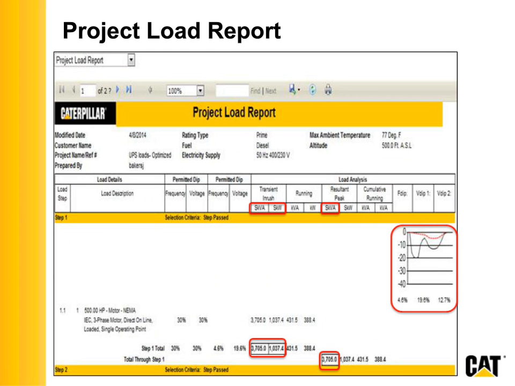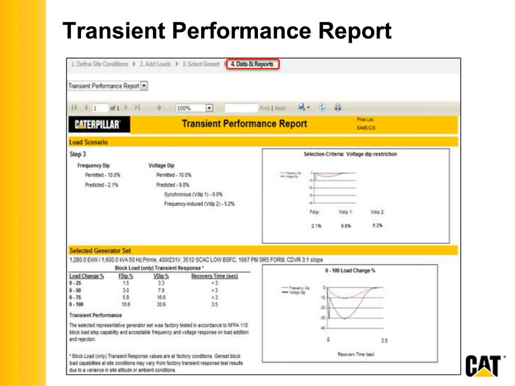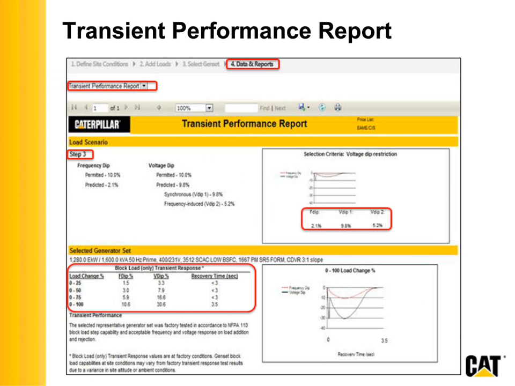Now, the third report that we provide is the Transient Performance Report, and it's basically broken into 2 different sections. The top section is the load step that sized your genset, its transient response. And the bottom section is a block load factory genset transient response test.